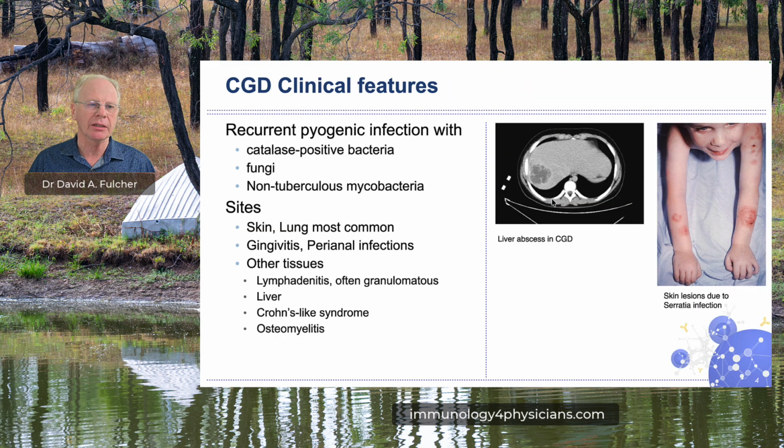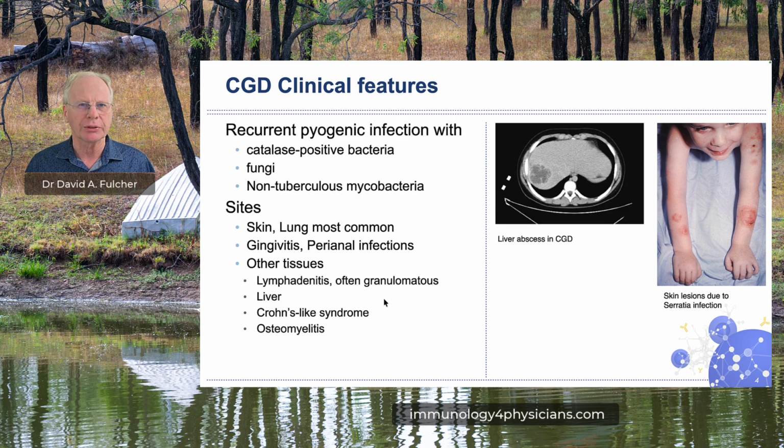So how do they present? Basically, the innate immune system defects point to high-grade, in this case catalase-positive bacteria, fungal infections, non-tuberculous mycobacterial infections, mostly affecting the skin and the lung, the gums, the perianal region. Those are the two dirtiest ends of the gastrointestinal tract, if you like, but sometimes other tissues, lymph nodes, liver.